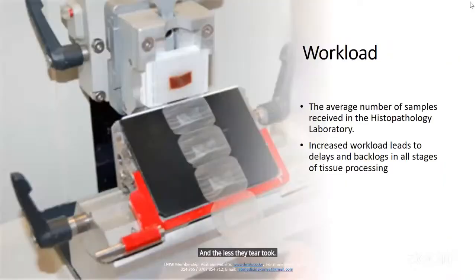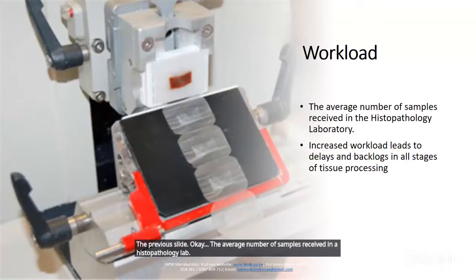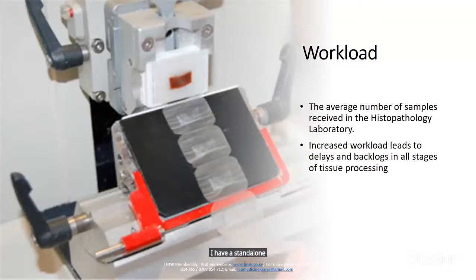Workload. And this one relates mostly to the previous slide: the average number of samples received in a histopathology lab. I have a standalone lab, and there's a histology lab in an institution that is very busy.